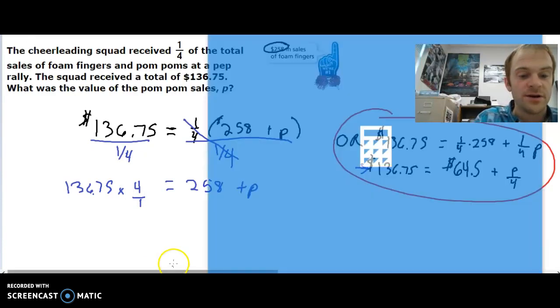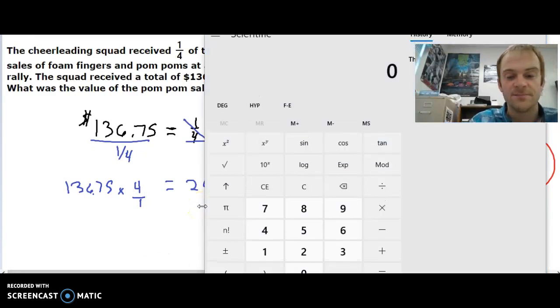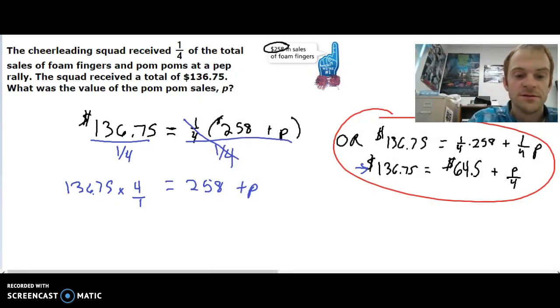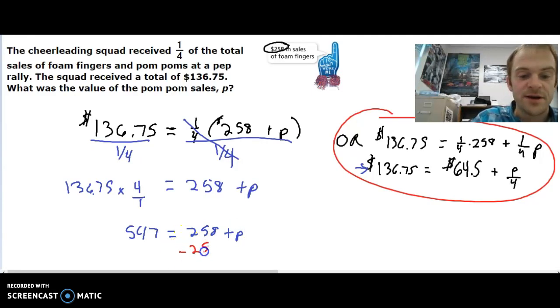So I look, there's my calculator again. 136.75 multiplied by 4 is $547. Okay. So this isn't my final answer, 547 is equal to 258 plus P. And then my last step is now I need to get the variable by itself, so I'm going to do the inverse of adding 258, and I'm going to subtract 258 from both sides.